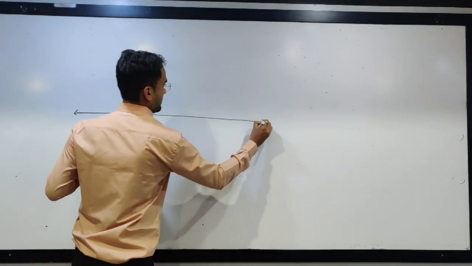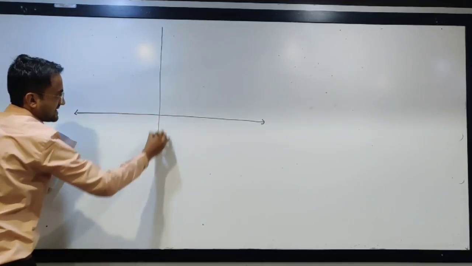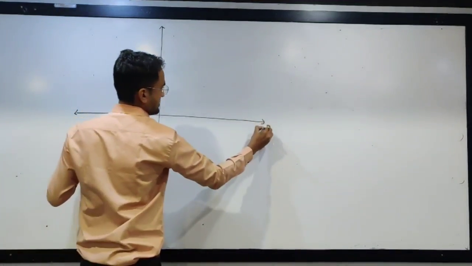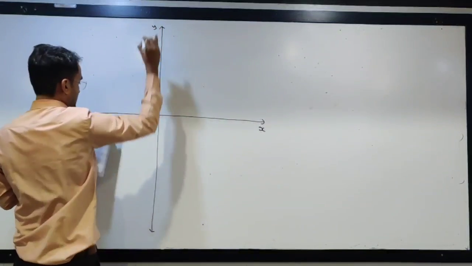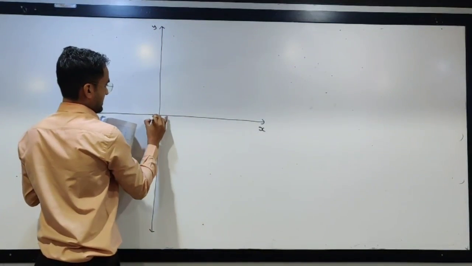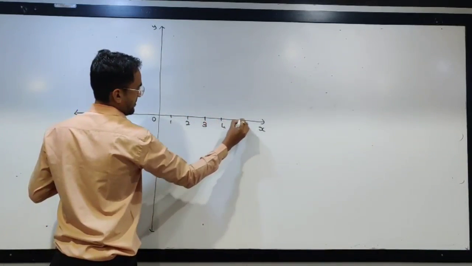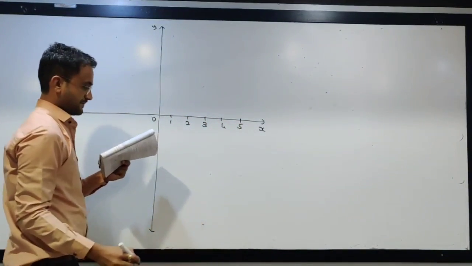Right? Now example 1. One figure is given. I will draw that figure, and based on this figure you have to answer. This is your x-axis, this is your y-axis. And here 0, 1, 2, 3, 4, 5.